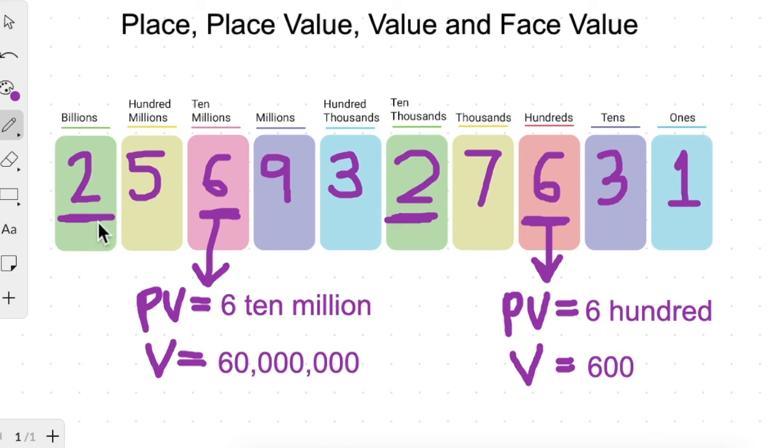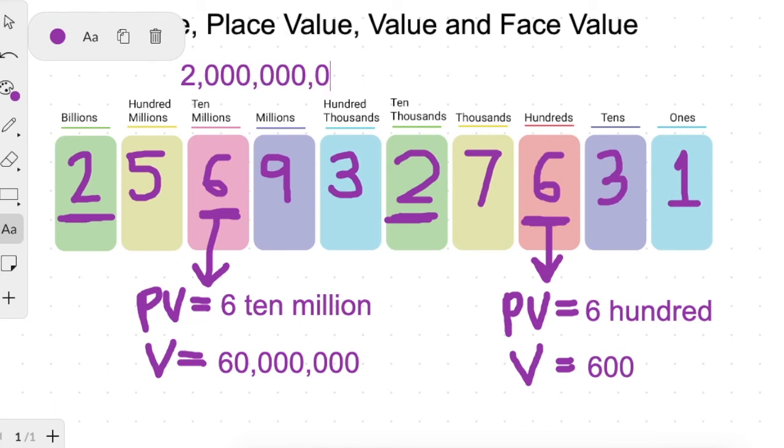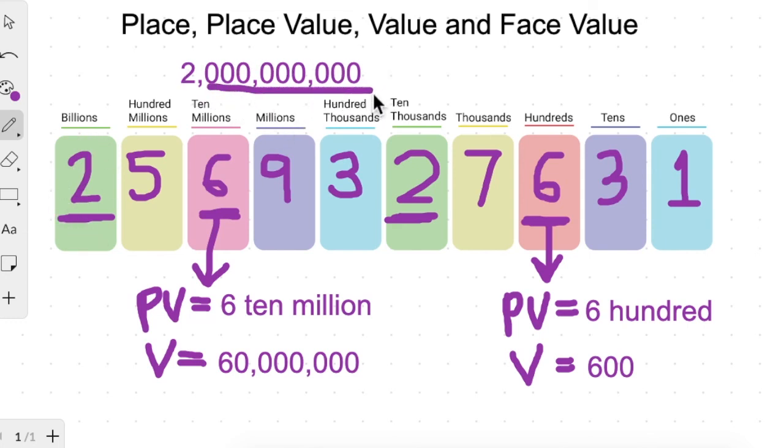We cannot see 2 billion. When we write 2 billion, it is 2 0 0 0 0 0 0 0 0 0. But when we are seeing this 2, can we see these zeros also? It's not visible to us.